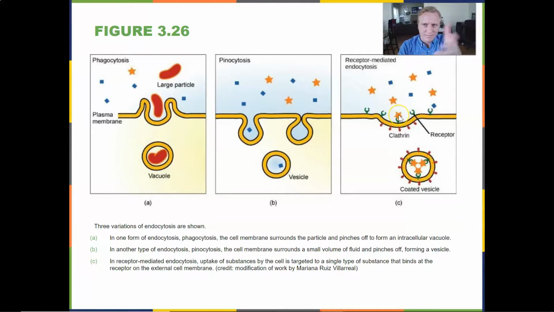In this case, they're looking for stars, whatever stars happen to be. And whenever a star lands on one of these receptors, that's what causes the cell to fold up and bring it into one of these vesicles. Okay, so that is receptor-mediated endocytosis. These are just different forms of endocytosis. They are active. These require energy.